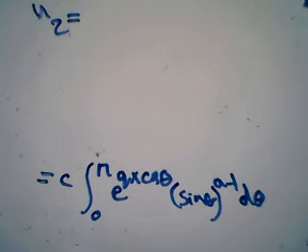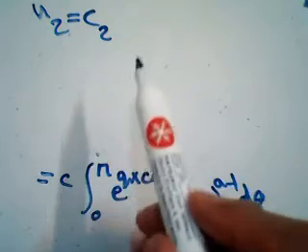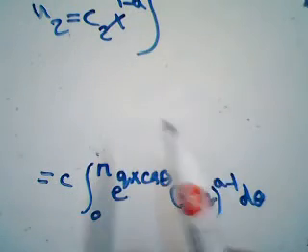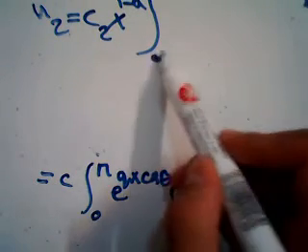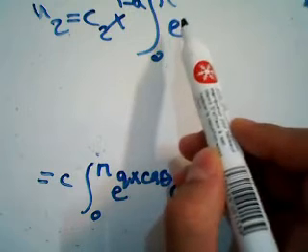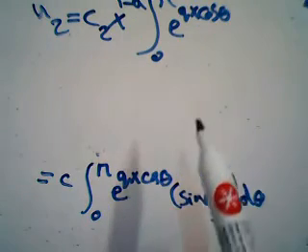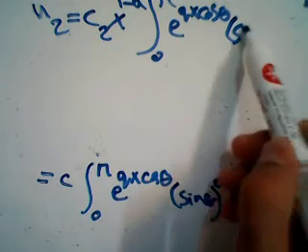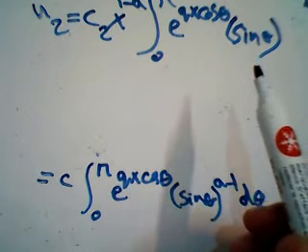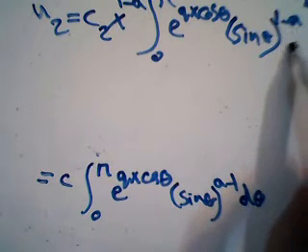But the other solution would be equal to some constant, let's say c2, x to 1 minus a, the integral from 0 to pi of e to the qx cosine theta times sine theta to the 1 minus a d theta.